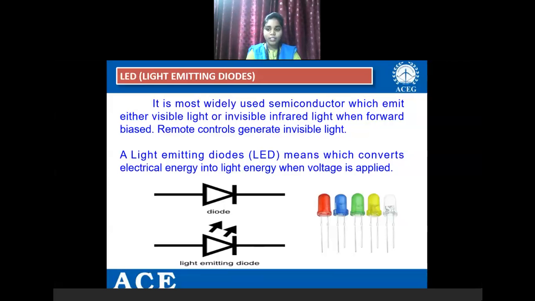Either silicon or germanium. But this is not the case for an LED. LED is made up of what? Gallium arsenide or gallium arsenide phosphide. Now, this is what makes the difference. This is why we are going to see light whenever our light emitting diode is in the forward bias condition. How it happens, we are going to see in the further slides.